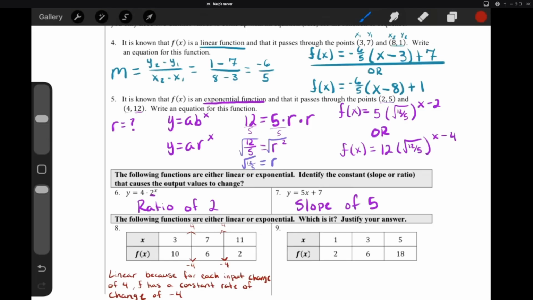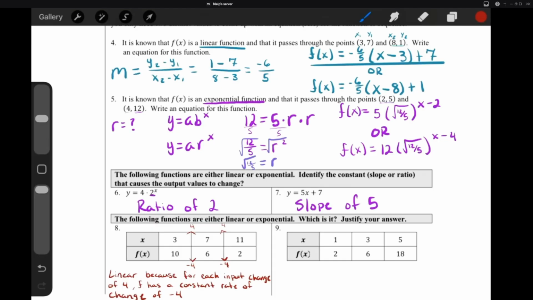So when it asks us to justify, we have to give the because. So linear because for each input change of 4, f has a constant rate of change of negative 4. So what's happening to our x's and also what's happening to our y's.